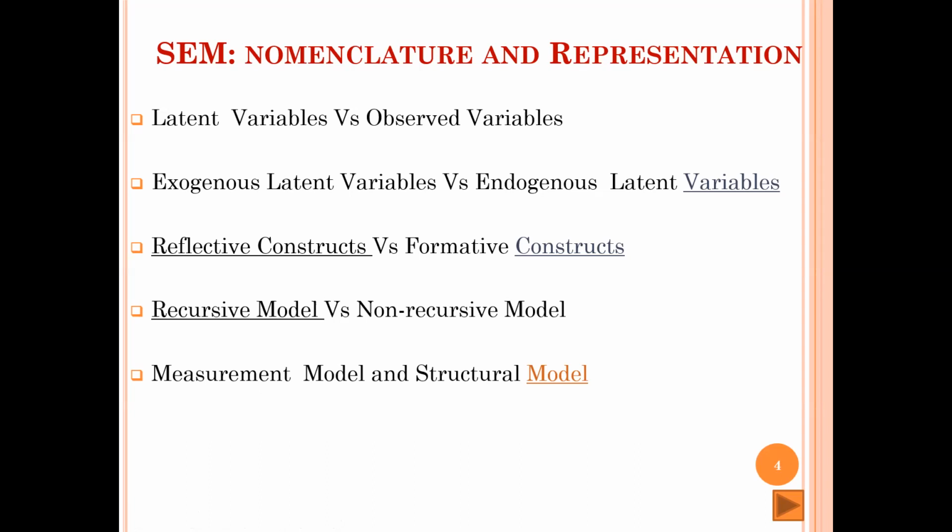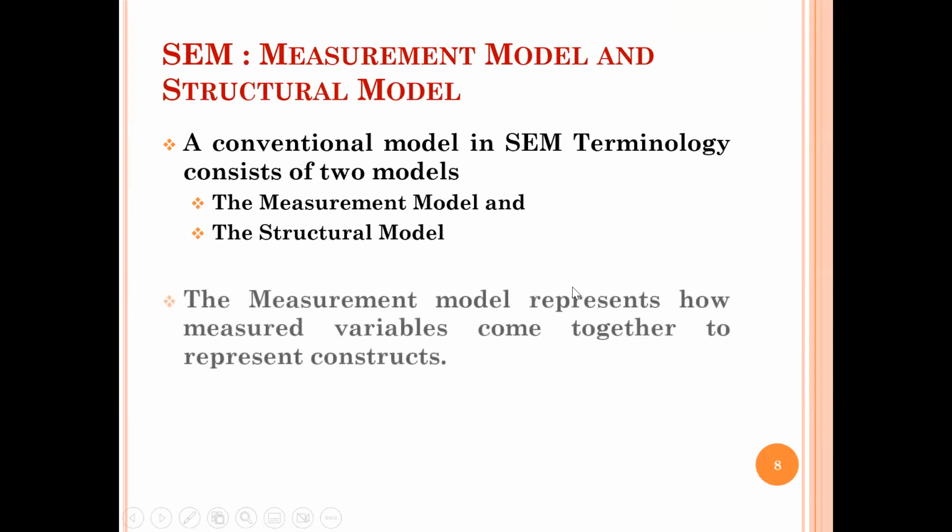Now, as we have said before, ACM has two parts. One is the measurement model, which is the CFA or confirmatory factor analysis part, the factor part. And then there is the structural model, which is the regression part. Basically, the measurement model, as I said before, is something like your factor analysis.